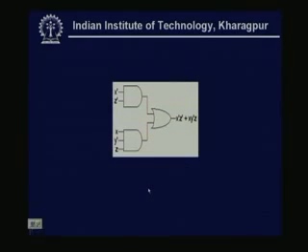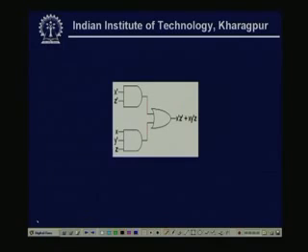Now, see that here there is one simple circuit, with 2 AND gates and 1 OR gate. The output Z realizes X dash Z dash, that is, the complement of X and Z, plus X Y dash Z, which is a 3 input AND gate.